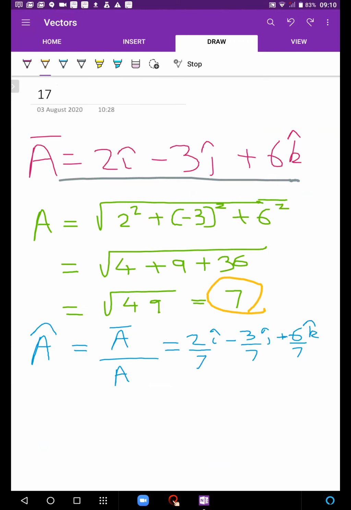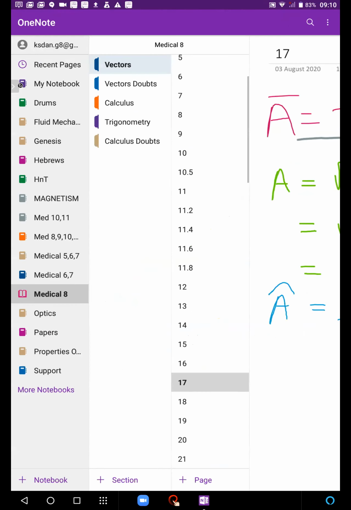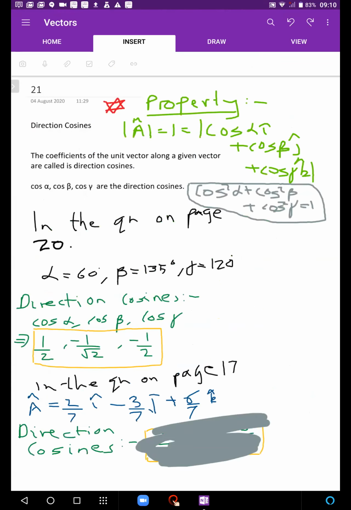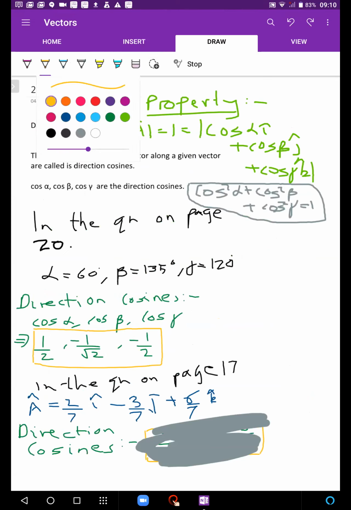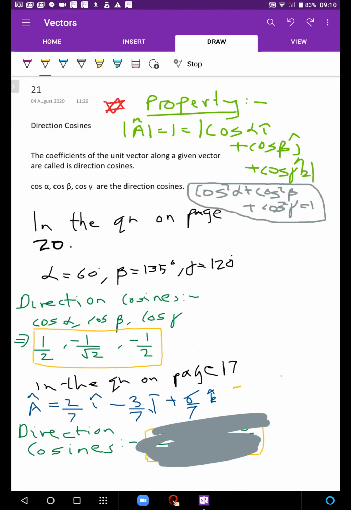We just saw this example. And now, once you know the unit vector, how can you find the direction cosines? Once you know this, in this example, what are my direction cosines?